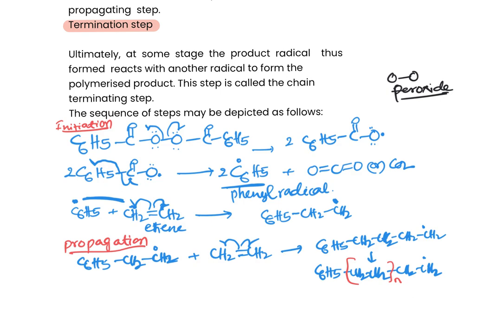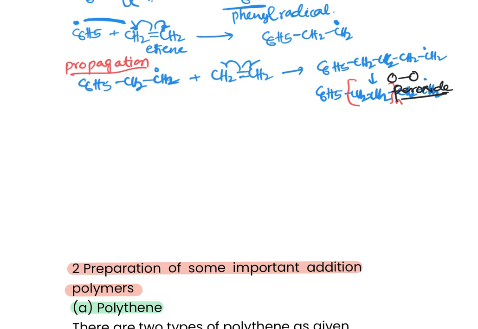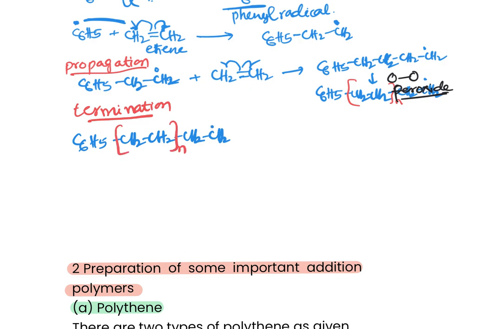Now in the termination step, the chain termination step, these long chain free radicals react like this. C6H5CH2CH2CH2CH2 and dot, with N number.